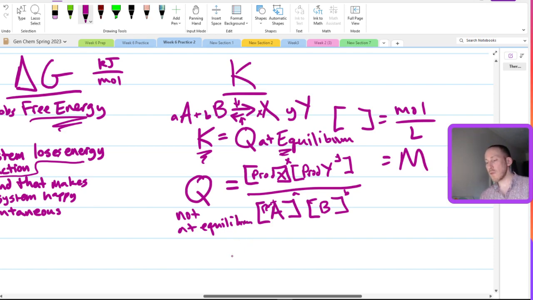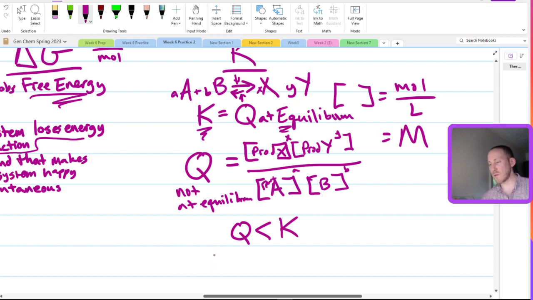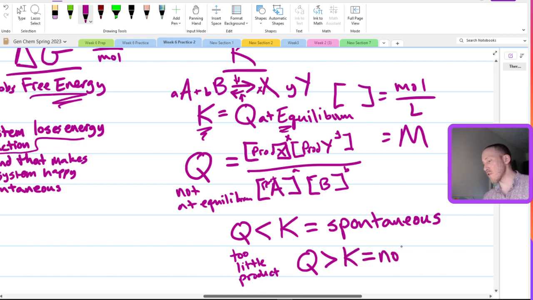And if your Q is less than your K, then that means that you have too little product, and it should be spontaneous. It's going to go forward the way you wrote it and get more product. So it should happen. But if your Q is bigger than K, you already have too much product, so if anything, the reverse will be spontaneous.